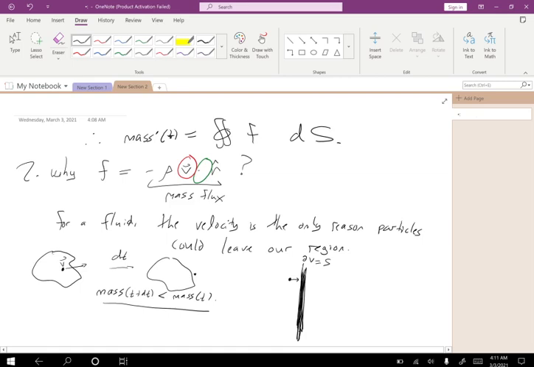So after some time dt later, the particle is outside. And notice that v dot n is greater than 0, because n is pointing in the same direction as v.